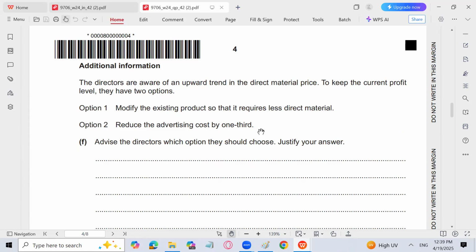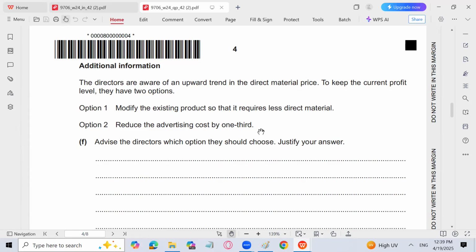So I think that I should go with option 2. Why? Because reducing the advertising cost by 1/3 will make our overall expenditure variance favorable, because maybe we are spending more expense on advertisement than is required. That is why our overall expenditure variance is adverse.